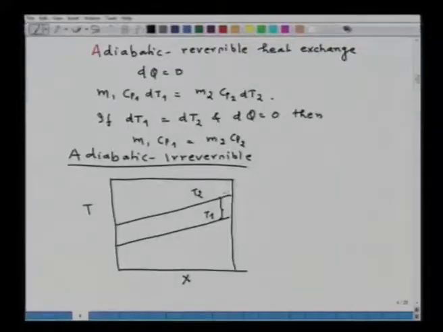You are seeing that the temperature of the hot fluid remains higher, and the temperature of the cold fluid is lower than that of the hot fluid. So, here again dQ is equal to 0 and dT1 equals dT2 only when m1 Cp1 equals m2 Cp2. This is another situation.